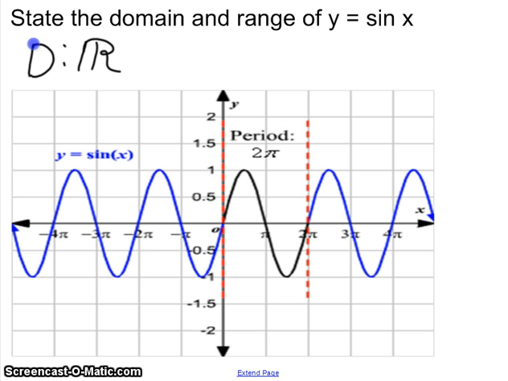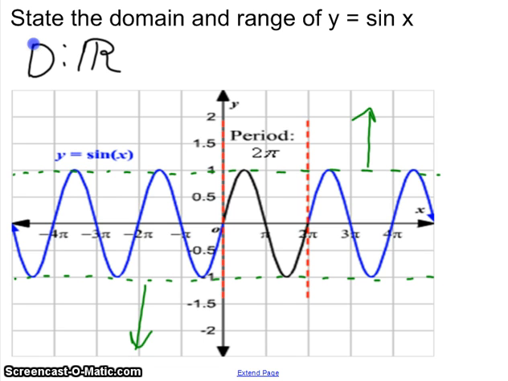The range are all of the values that y is touching on the graph. And we see that there is no value greater than 1 that this graph touches, and there is no value less than negative 1 that this graph touches.